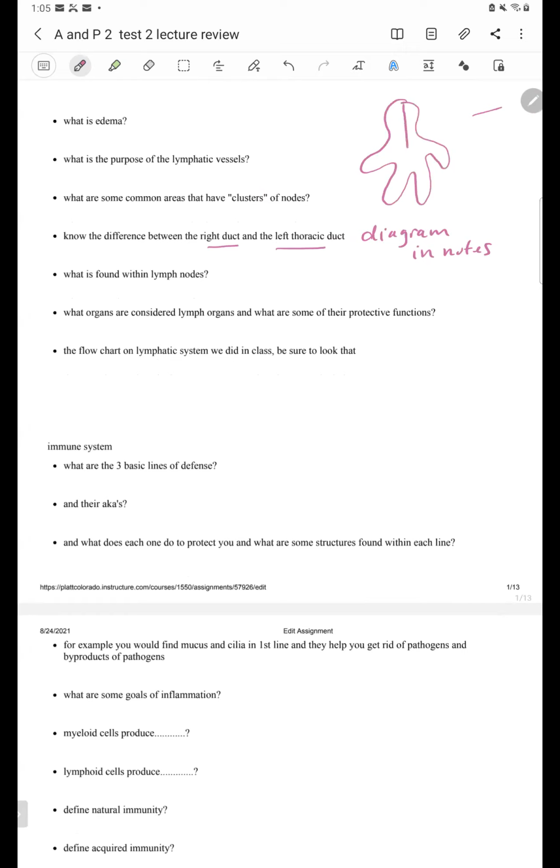And then it was like this part on the right side that was responsible for right lymphatic drainage and everything else in the body. The other part had to do with left lymphatic drainage. So make sure you review that part, and then what duct they go into.